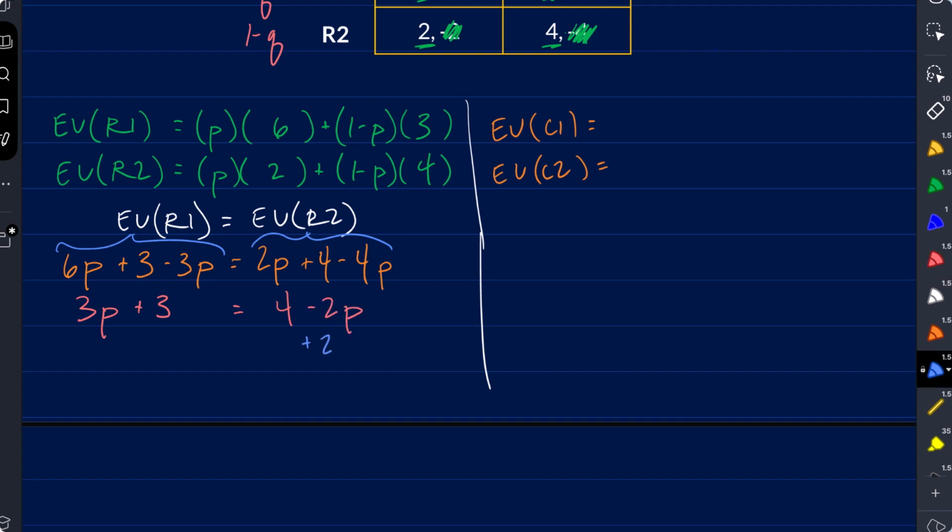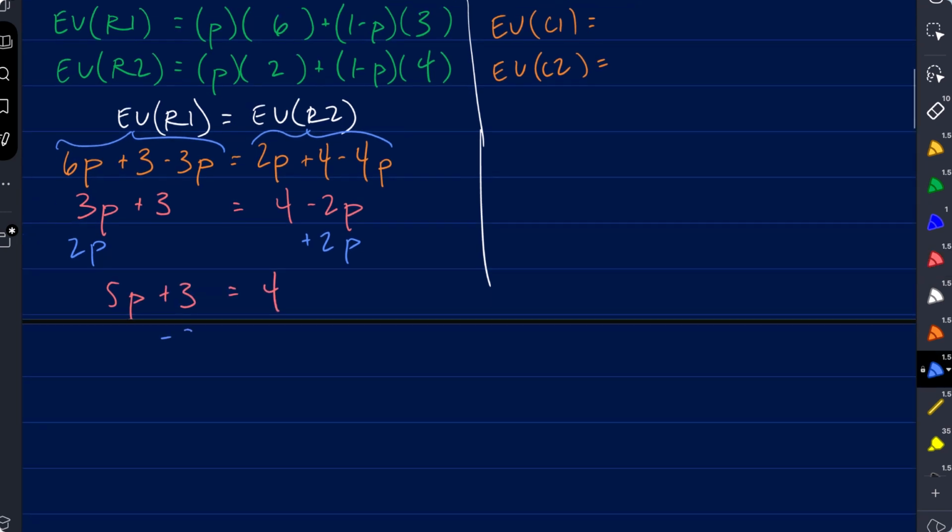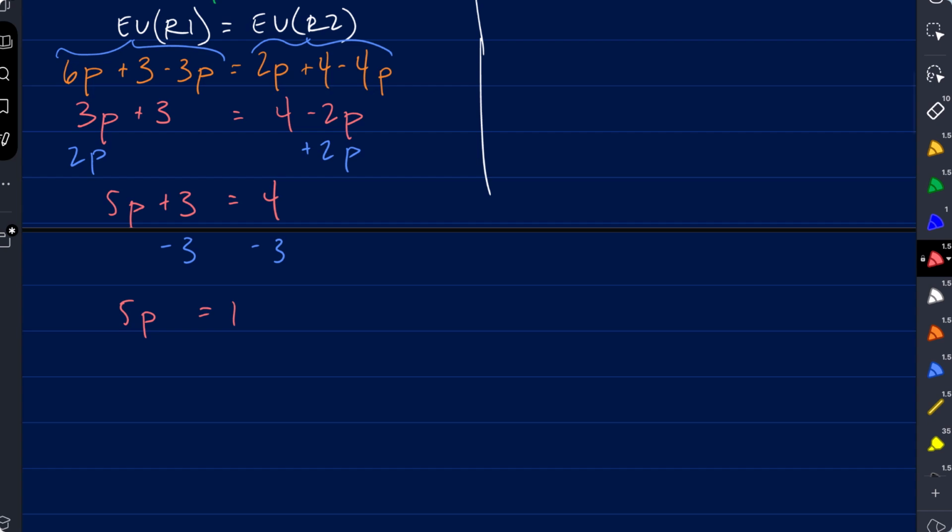So we'll add 2P to both sides. That's going to give us 5P plus 3 equals 4. Subtract 3 from both sides, which is going to give us 5P equals 1. So therefore, P equals 1/5.